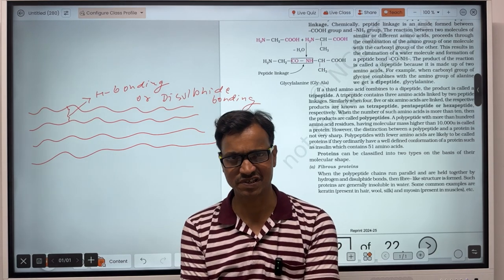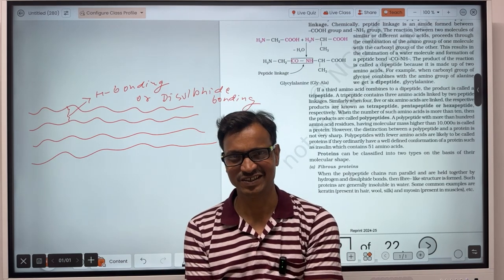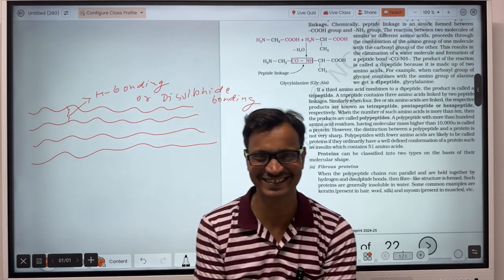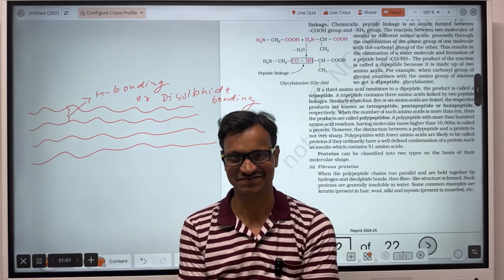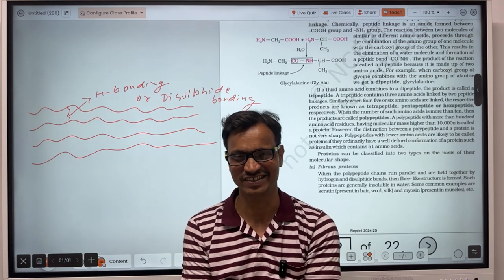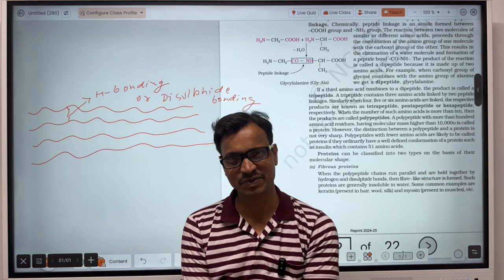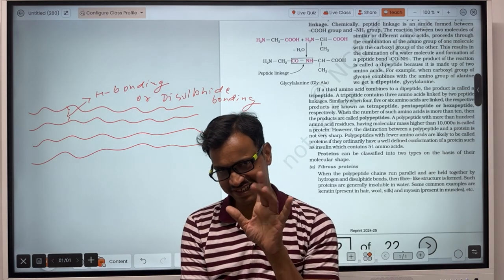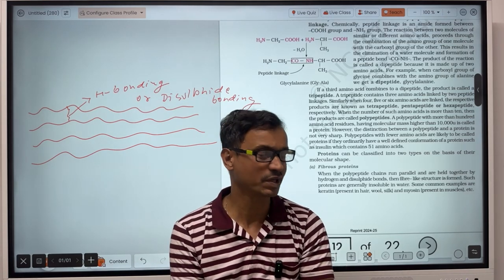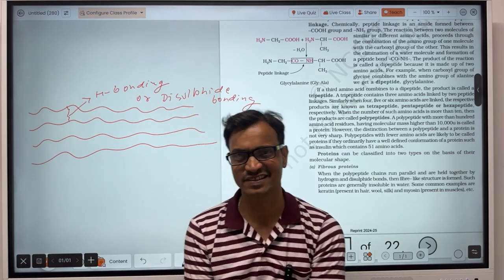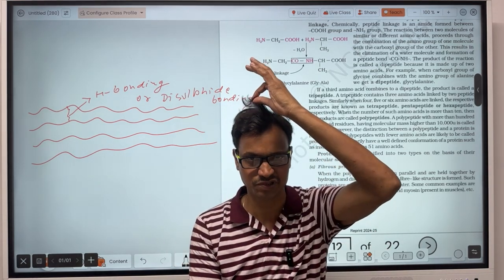Examples of fibrous proteins are hairs. Have you not realized your hair never dissolves in water, from childhood till now, whatever your age? So that is a type of fibrous protein. Hair is made up of keratin protein.